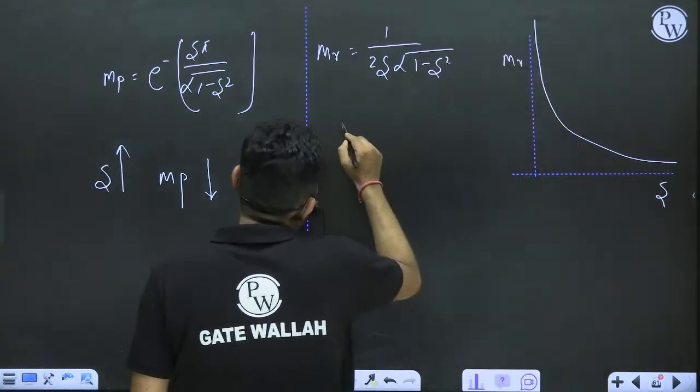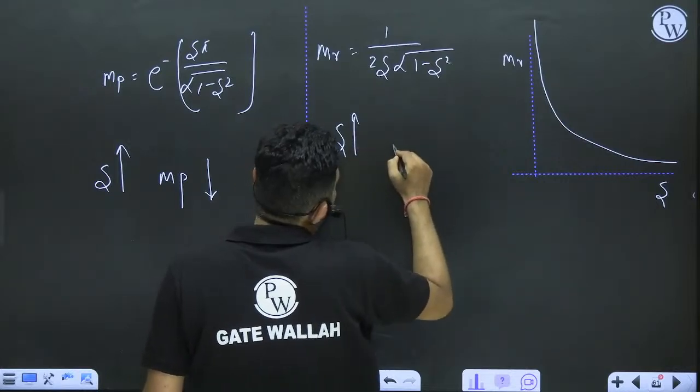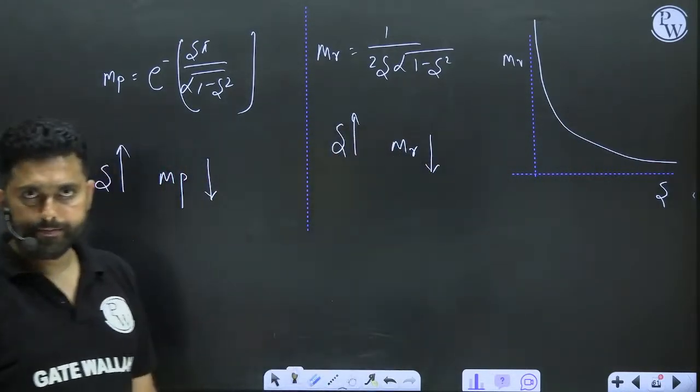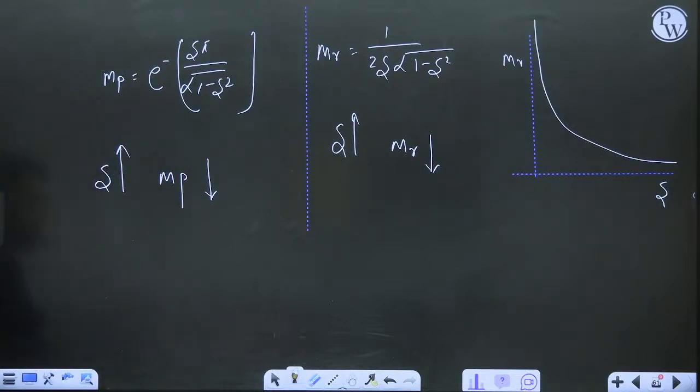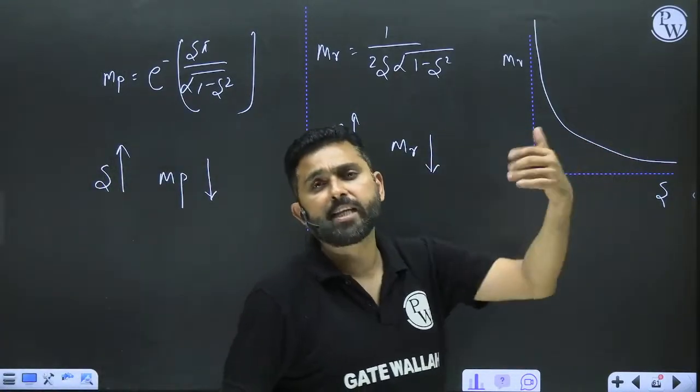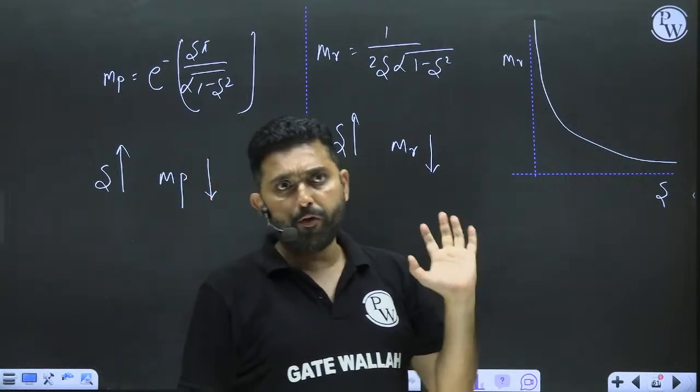So as zeta increases, MR also decreases. This is the first point. So the peak overshoot or peak resonance both will decrease as zeta increases.